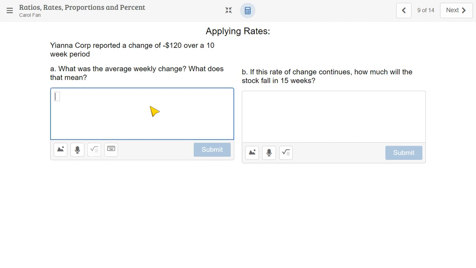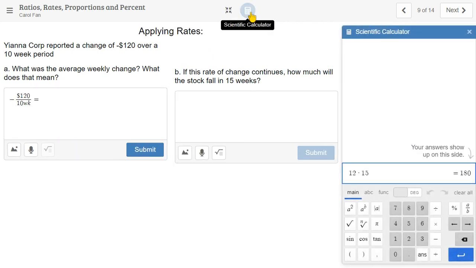So, we know unit rates. Let's make this a unit rate because we want to make the 10-week period into a 1 week period. So, negative 120 over 10 weeks. Let's divide that.